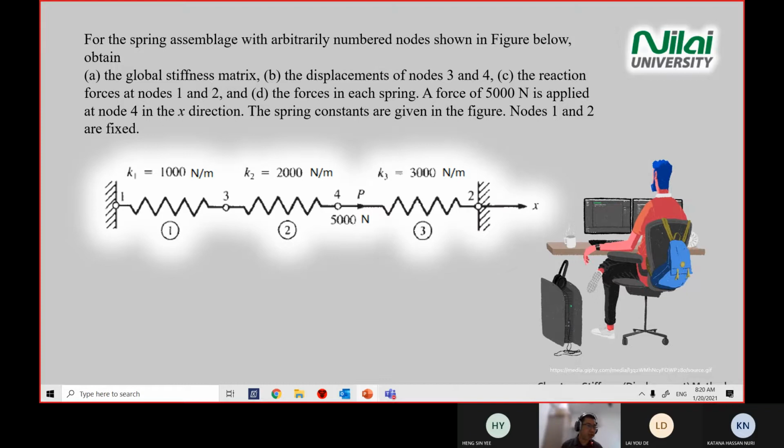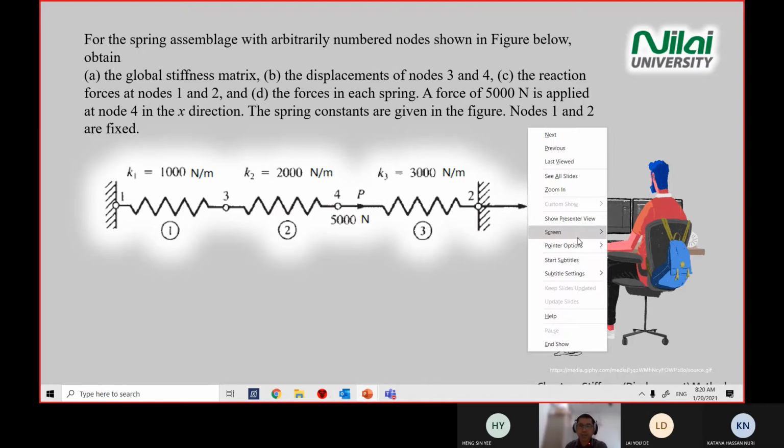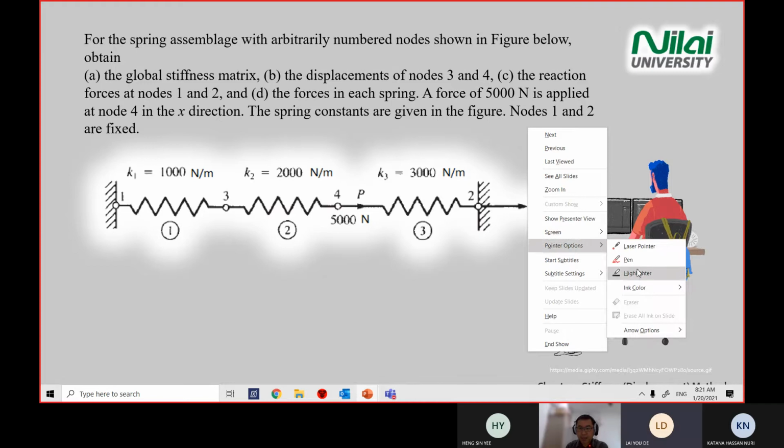If you look at the screen, section A asks you to find the global stiffness matrix. So you have big K and small k. Lloyd, can you recall, the capital K? Correct.